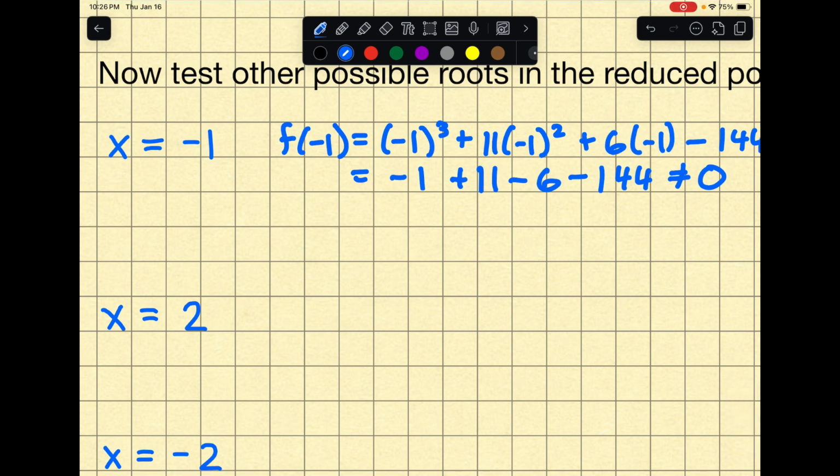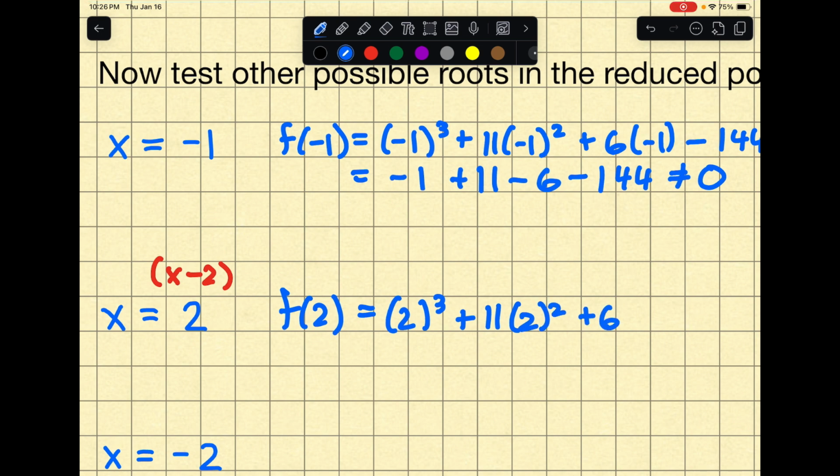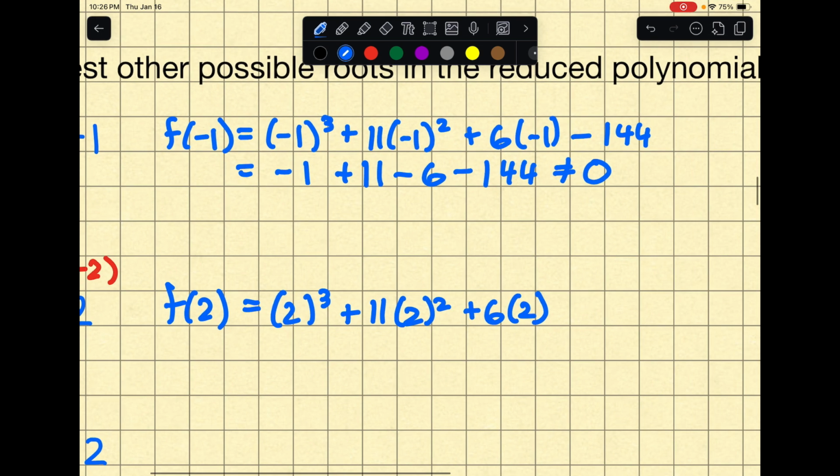We're going to test x equals 2, which is associated with the factor x minus 2. So f of 2 is equal to 2 cubed plus 11 times 2 squared plus 6 times 2 minus 144.